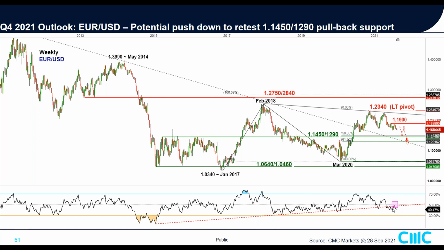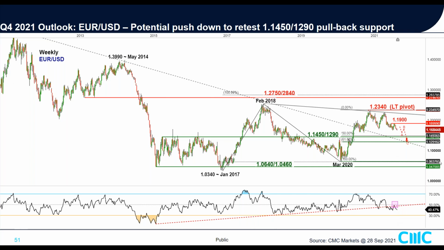And you look at the weekly RSI, it has retested above this pullback resistance and is now inching downwards back towards the oversold region. It hasn't hit oversold yet, but it means that the downside momentum is still pretty much intact on the weekly RSI. So yeah, the euro dollar is also facing some kind of downside pressure.